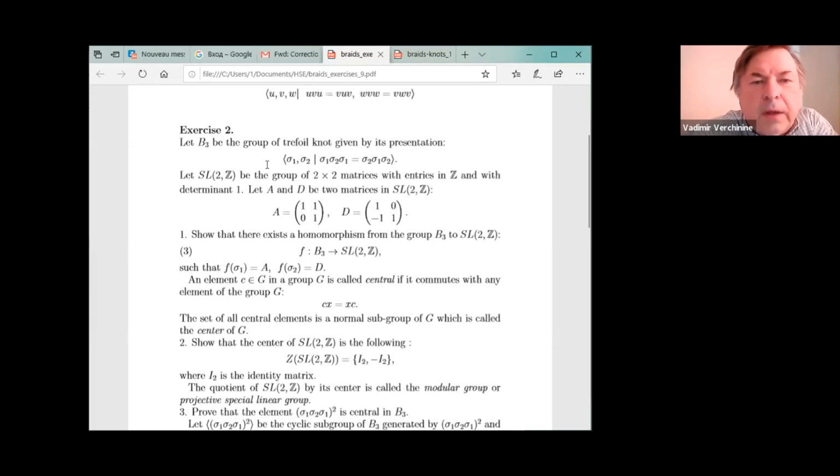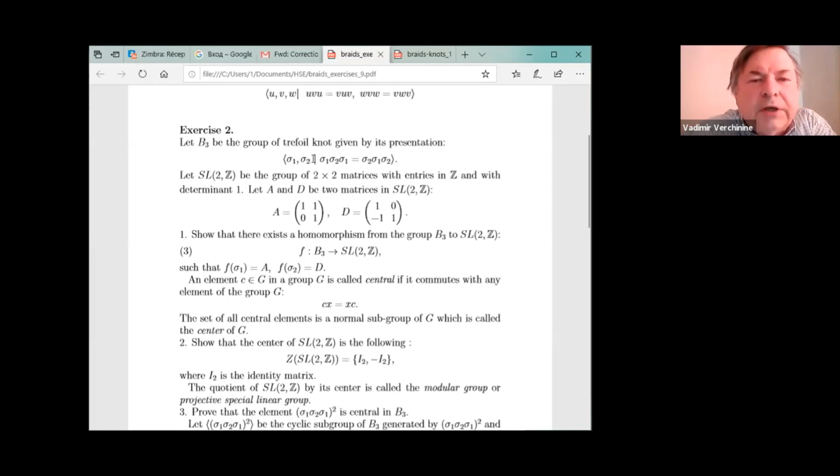And because this is only 3 strands, there are no commutations, there is only one relation.